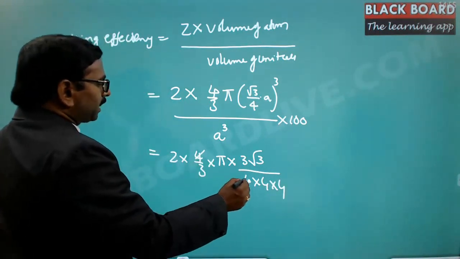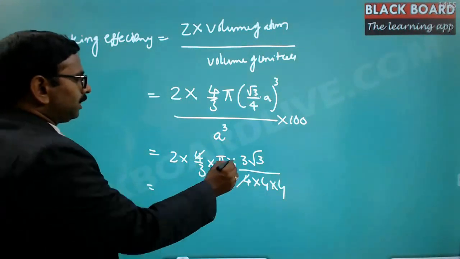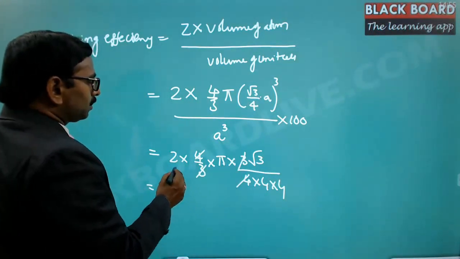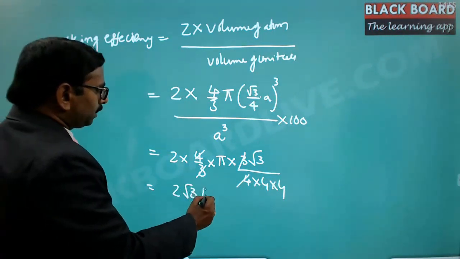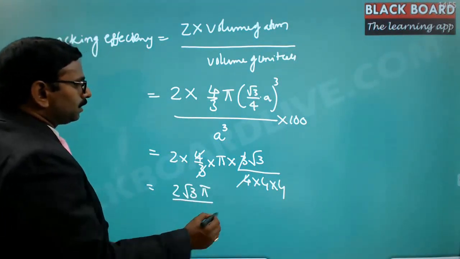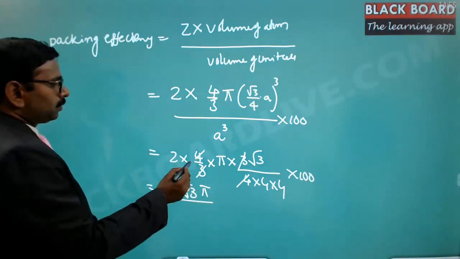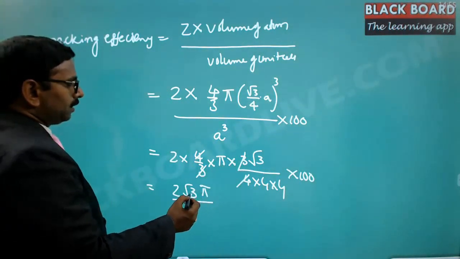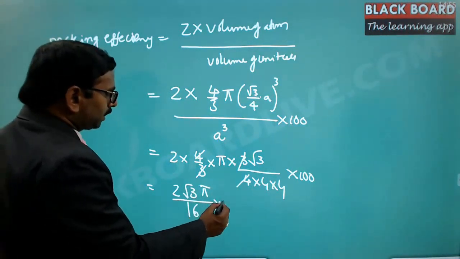This 4 will be cancelled here, and 3 will be cancelled here. You get 2 into root 3 into pi by 4 into 4, 16, into 100.